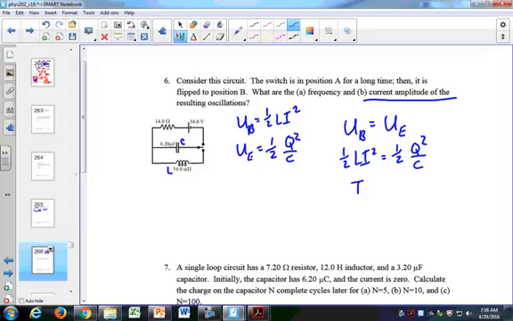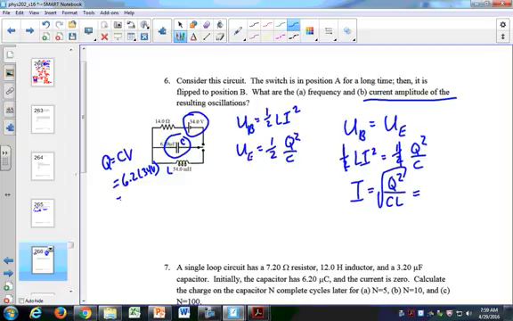And so I solve this for I. The halves cancel. It's going to be the square root of Q squared over CL. I can find Q because I have this capacitor, which is fully charged by this battery. So Q then is equal to C times V, or 6.2 times 34 volts, which is 211 microcoulombs.